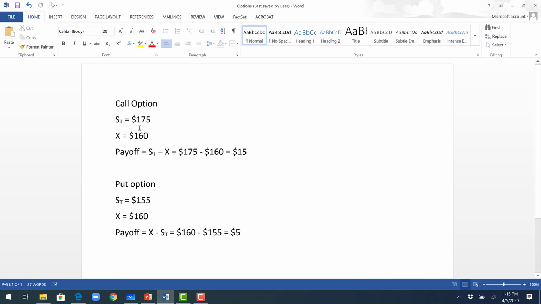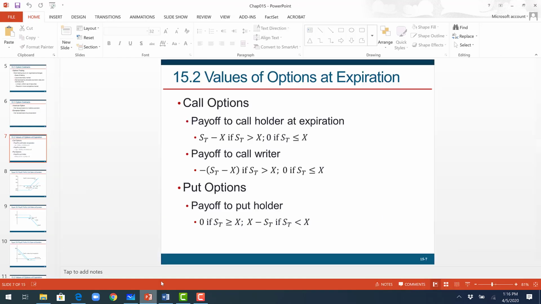So when ST is greater than X, it's ST minus X. When ST is less than or equal to X, it is 0. And that is essentially what you see over here. ST minus X if ST is greater than X, 0 if ST is less than or equal to X. That is for the call buyer.